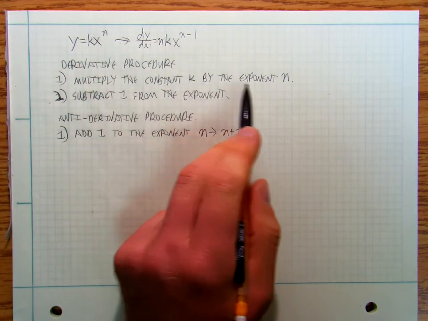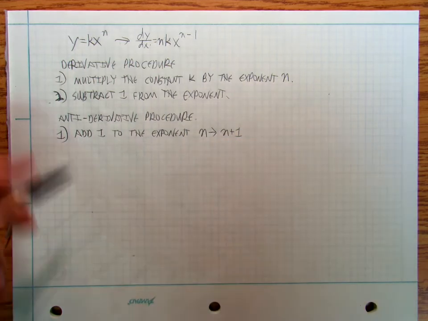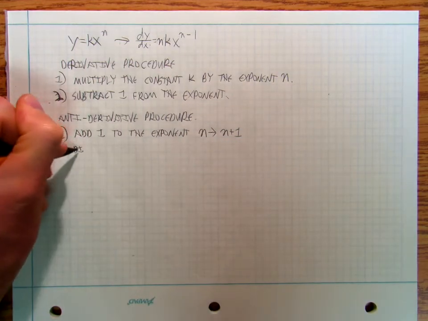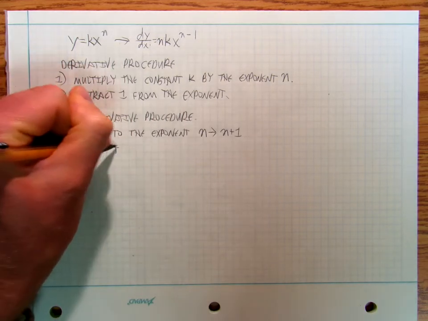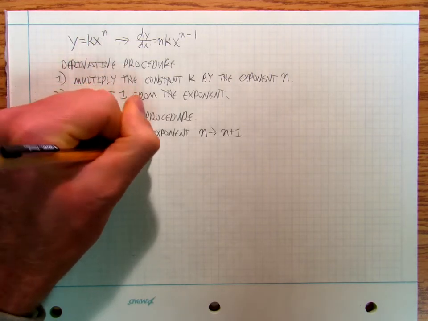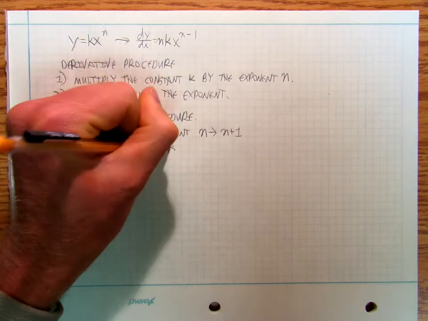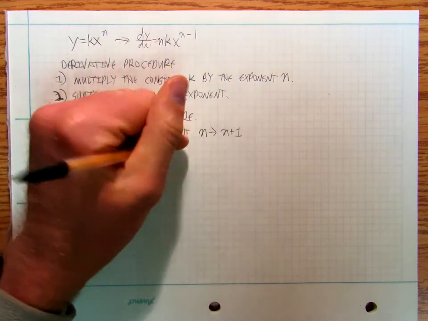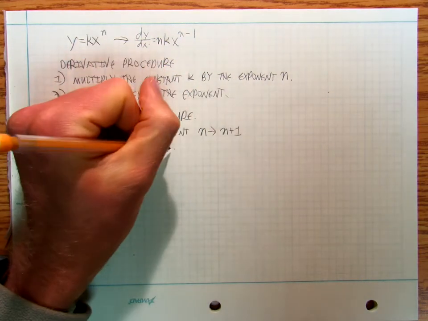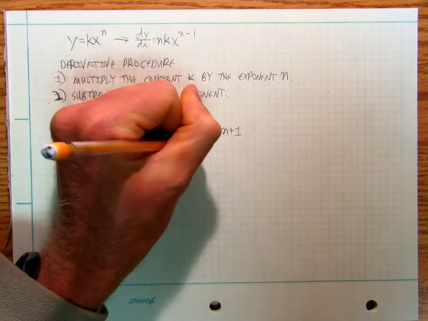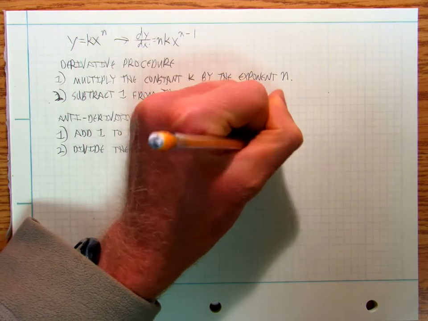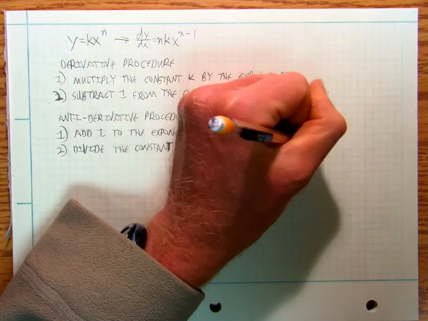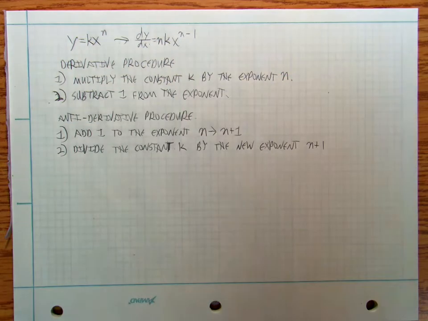And instead of multiplying the constant k by the exponent n, I'm going to divide, which is the reverse of multiply, the constant k by the new exponent n plus 1.